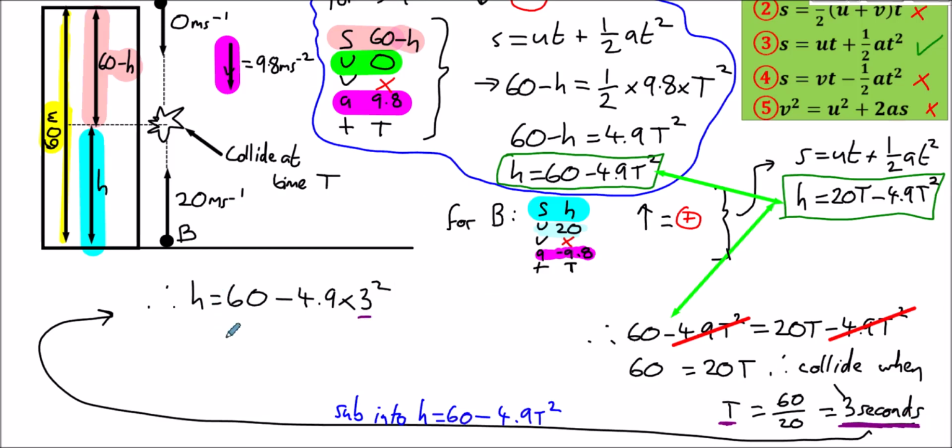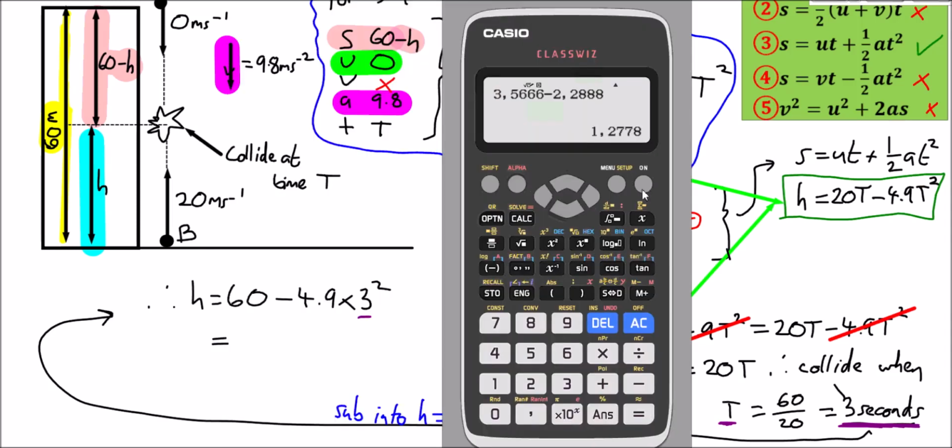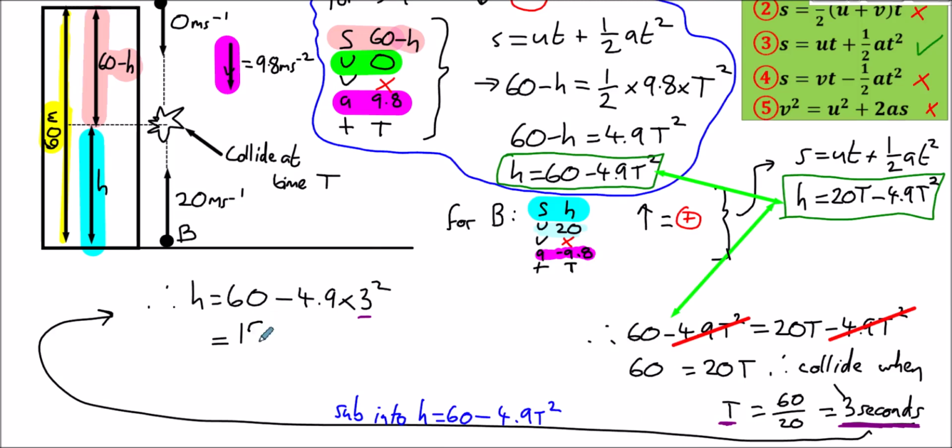Try this on the calculator and we'll work out what h is. So h equals 60 minus 4.9 multiplied by 3 squared. Press equals, and to get it into a decimal, we've got 15.9 meters. So we're going to hit 15.9 meters up from the base of the building.